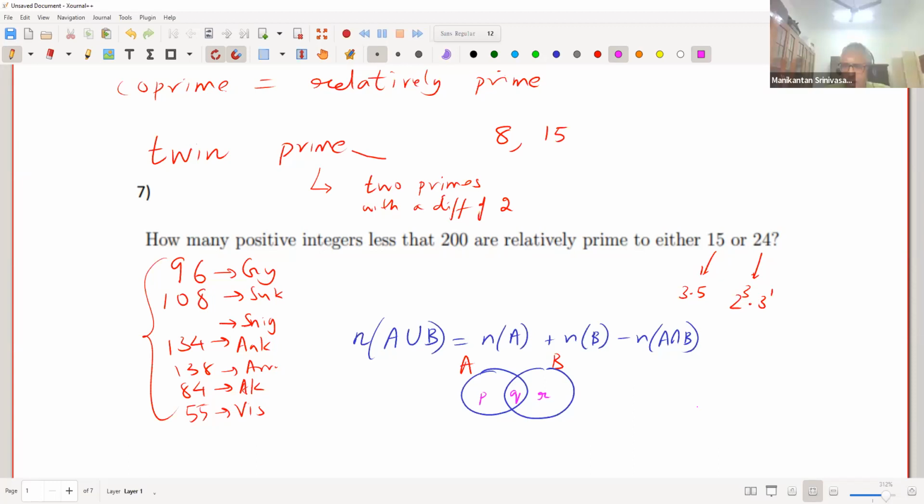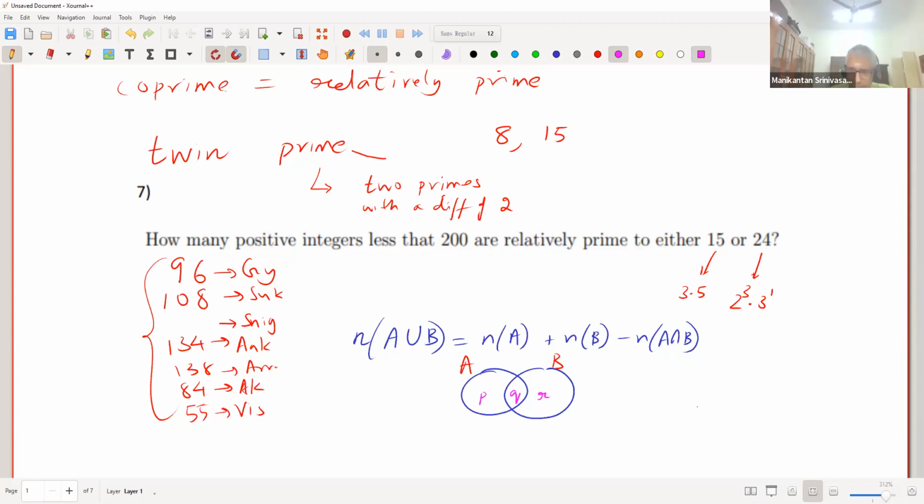A typical example would be: A is the set of students who are taking maths, B is the set of students who are taking physics, and some students might take both math and physics. That's the overlap region, which is Q here. Each of these regions has a meaning. P is the people taking just maths, R is the number of elements taking only physics, and Q is the number of students taking both.